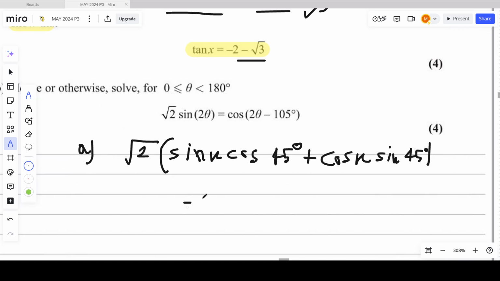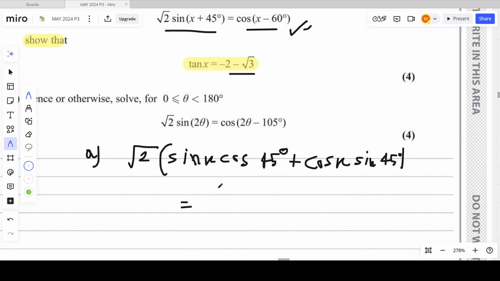This is equal to cos (x minus 60 degrees), which is cos x cos 60 degrees, plus, since it is minus, plus sine x sine 60 degrees.